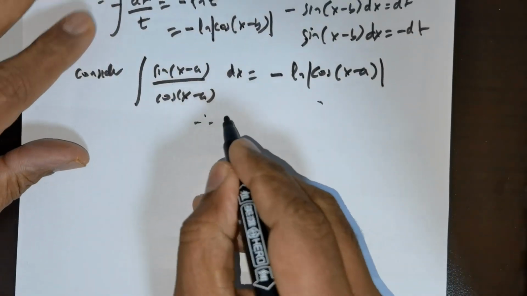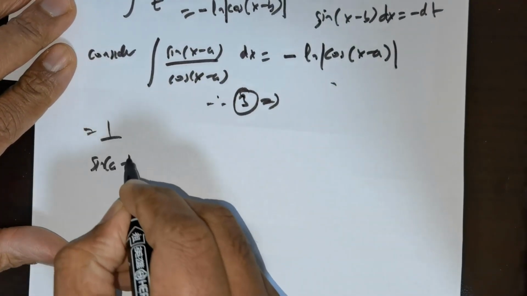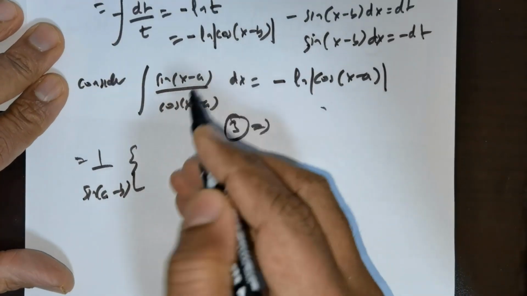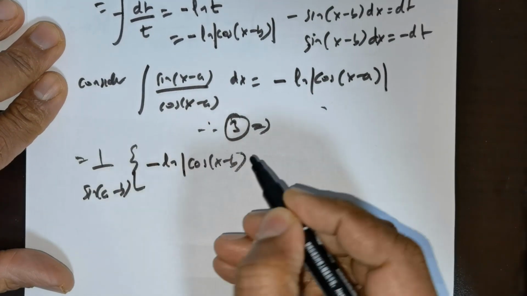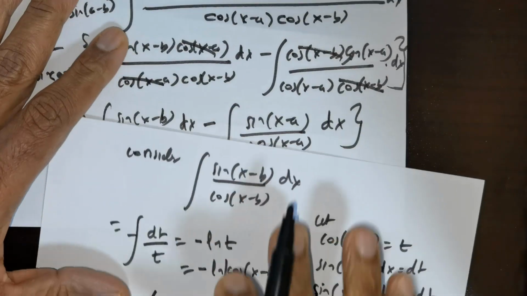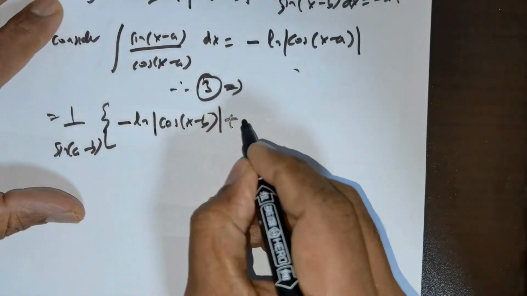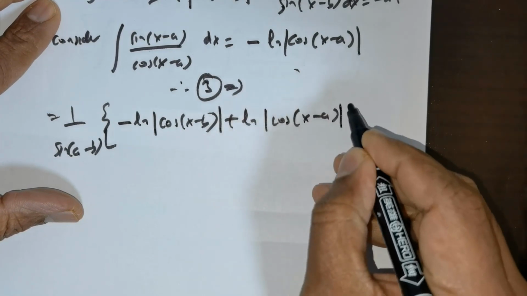So 3 can be rewritten as 1 over sine of (a − b). The first quantity is going to be negative ln modulus cos(x − b). The second quantity has already got a minus here, so that would mean I have a positive sign here: positive ln modulus of cos(x − a).